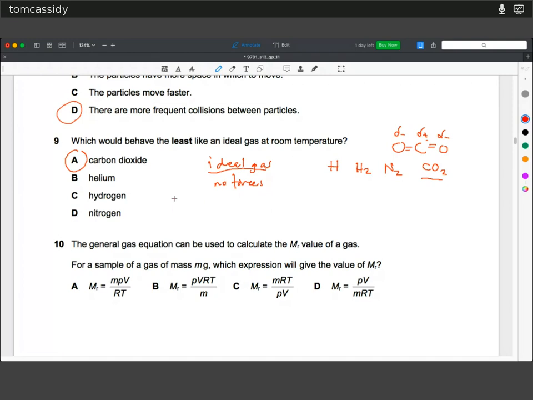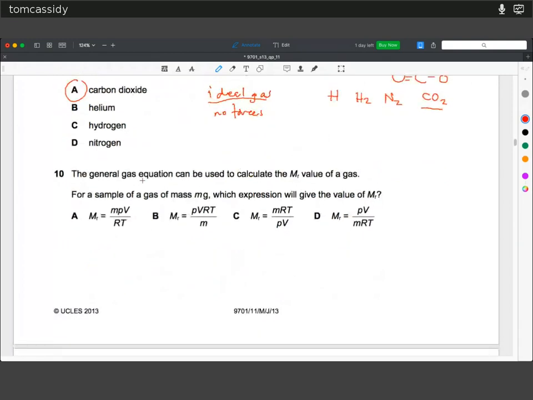Okay, last one on this page here. You've got to know that the form that you're familiar with of the ideal gas equation is this. You've got the pressure, the volume, the amount, that's n there, R is the universal gas constant, and T is the temperature in Kelvin. And you just have to do a substitution, because you also know that the amount of substance is equal to its mass divided by its molar mass.